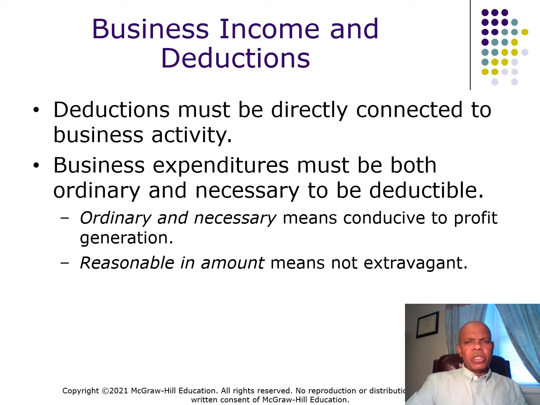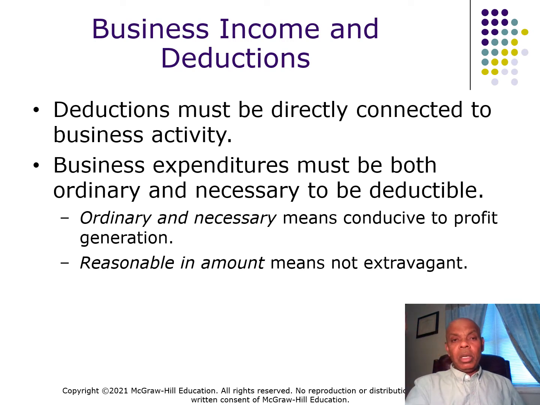Business expenditure must be ordinary and necessary to be deductible. Sometimes you might see $100,000 of deductions for, say, a foreign trip, while your total income is very small compared to what you're spending.